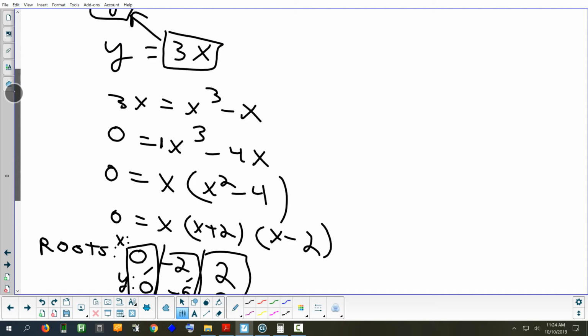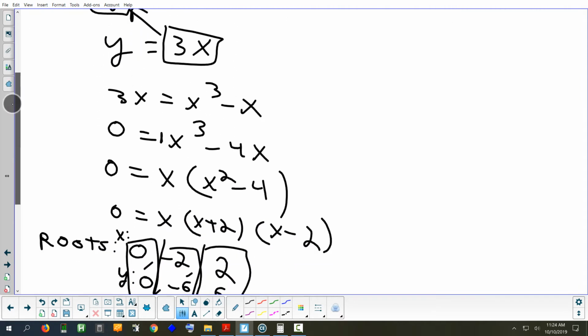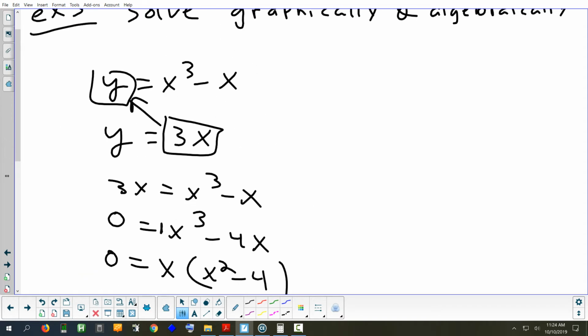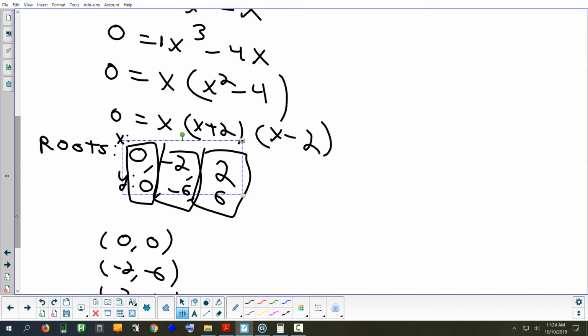Okay. Any questions on doing that algebraically? Where did the 6 come from? To get the y value, you take your x's and triple them. You can also do this, but this is easier. So we just tripled each x value. Or you could just graph it and see that.